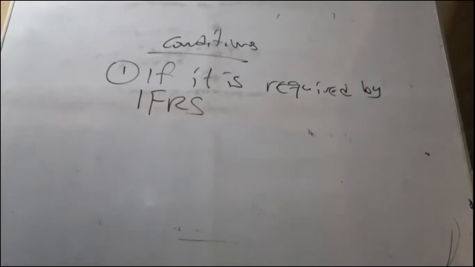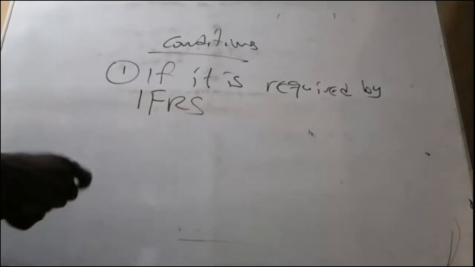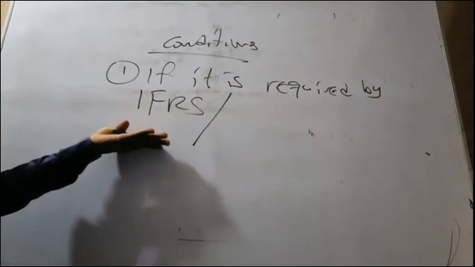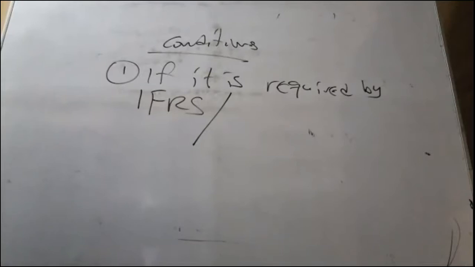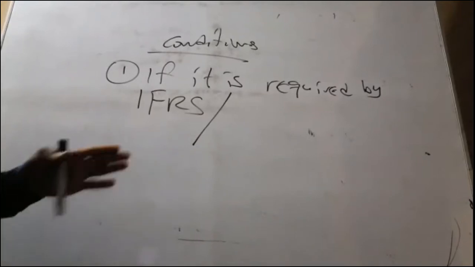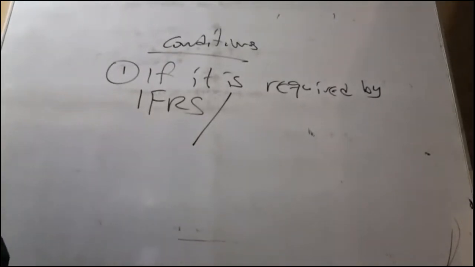Good. If it is required by a financial reporting standard, an accounting standard, or the interpretation committee. The interpretation committee can also give guidance for you to adopt a new policy. You can key in that.